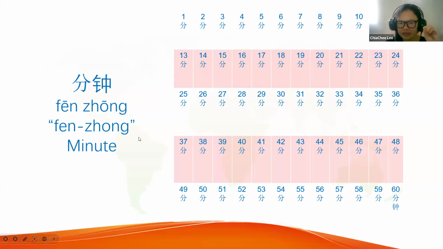Alright, so when we are calculating or counting the hours for the lesson, 30分钟. When you want to say 3点30分, I understand that you are telling me the time is 3:30. Again, what we have to observe is number 1 up to number 60.